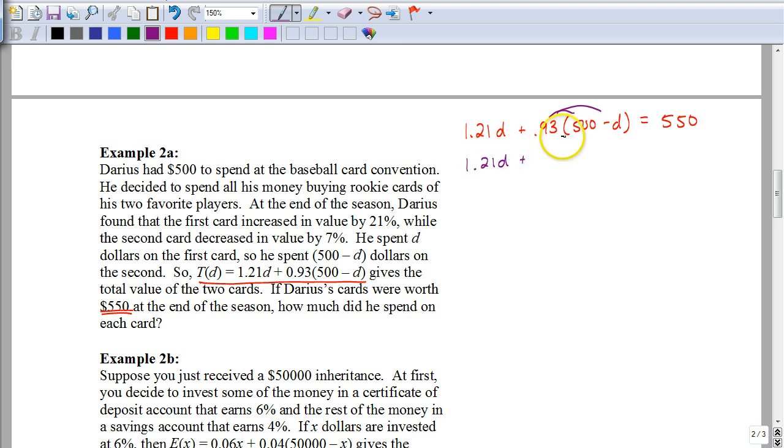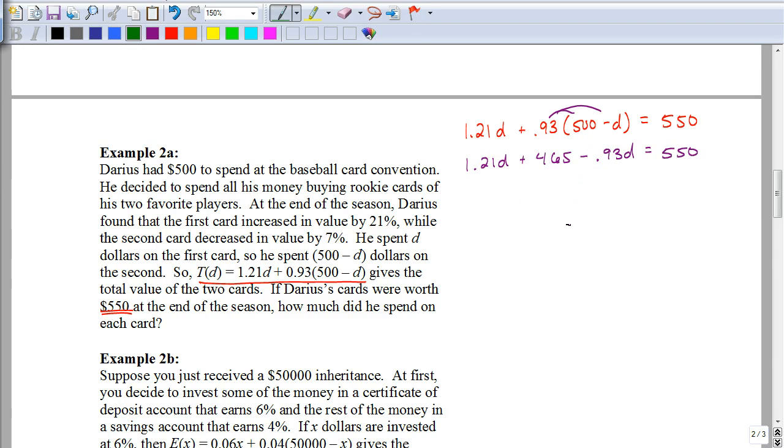And 0.93 times 500 gives me a value of 465. And 0.93 times D would give me 0.93D. Okay, now I want to clean this up a bit. On the left-hand side, I have 1.21D plus 0.93D. Now here's a note. Sometimes people think, oh, I have to subtract 1.21 from 0.93.